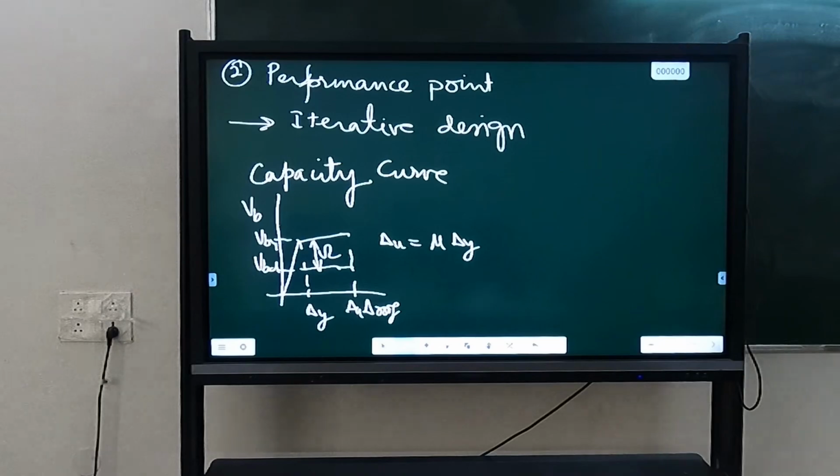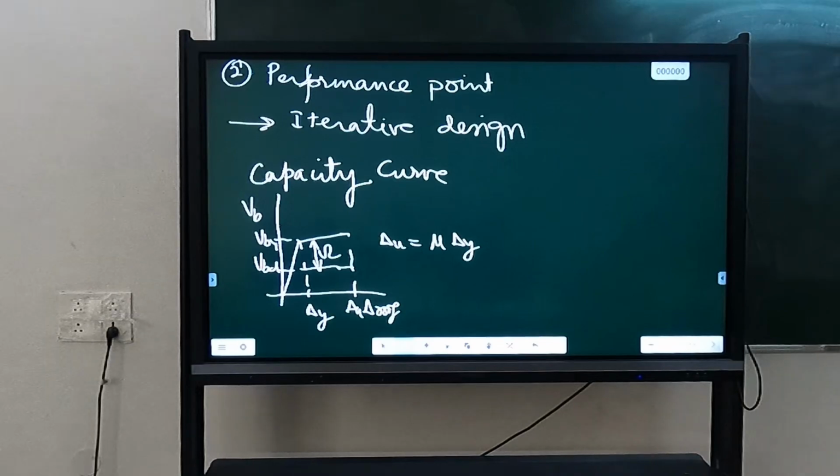Then only you can consider the member capacity as per ASCE 41. In linear, on code basis.